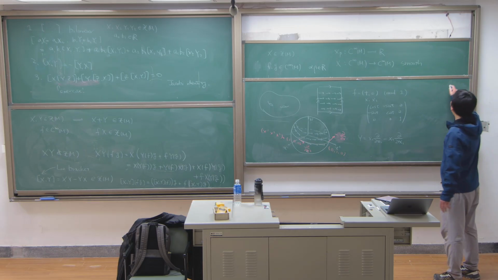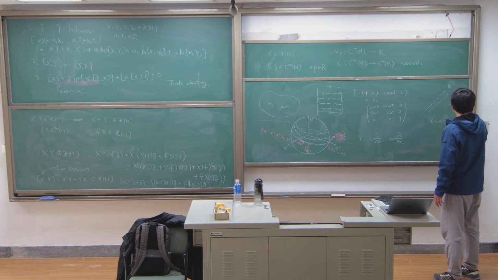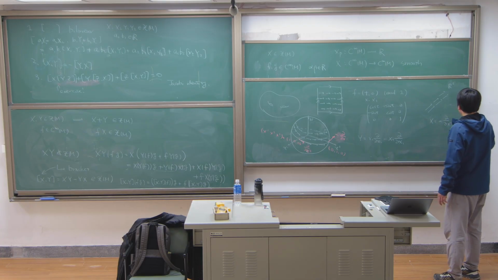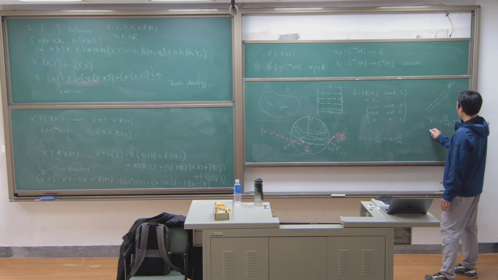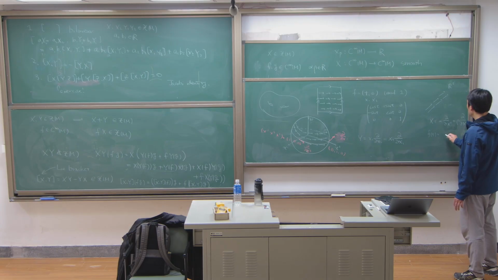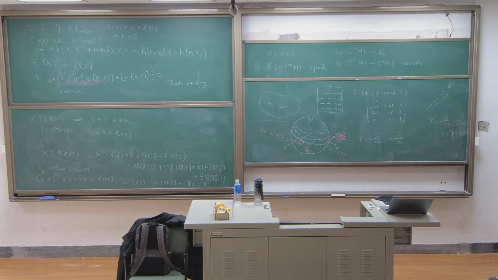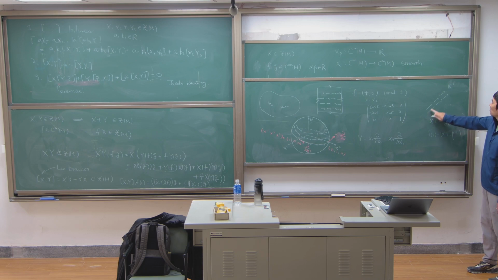And for instance, if you have R2 and a vector field X equal to alpha, beta, then the flow f of t should be alpha t and beta t. So that's how it works. If you have a point here, after time t it moves to around here.